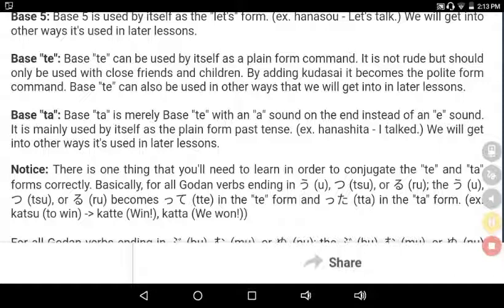Base ta is merely base te with an a sound at the end instead of an e sound. It's mainly used by itself as the plain past tense. Hanashita, I talked. We will get into other ways it's used in later lessons.